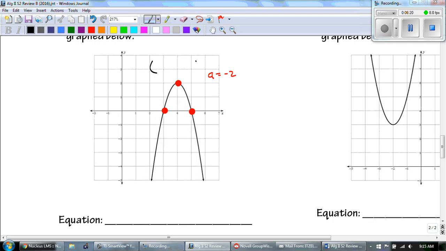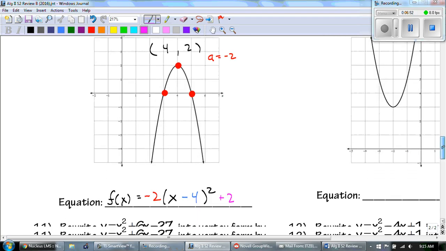So I need to know this vertex right here, and the vertex is 4, 2. So what we can do now is start to write it, where it's our equation f of x equals our pattern, which is negative 2. And then I take the opposite of positive 4, which is a negative 4. And then my 2 stays the same.